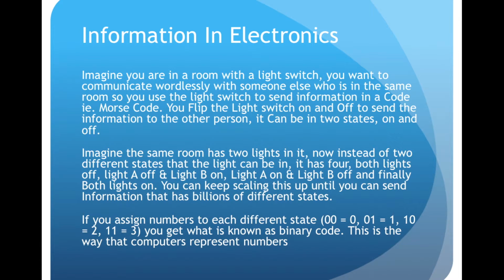This is the way that computers actually represent numbers. You'll have a whole bunch of wires, and each one is going to be on or off. As you keep adding more pieces of information, you can have more than just the numbers 0 through 3. With three wires, you could get 0 through 7, because 7 is your highest value. This is actually all that binary is: using on and off signals to send information like this.